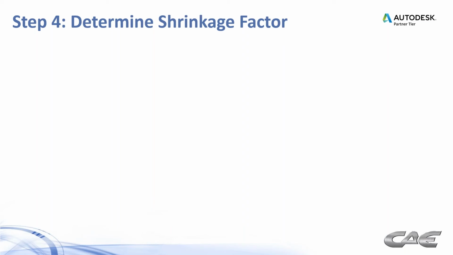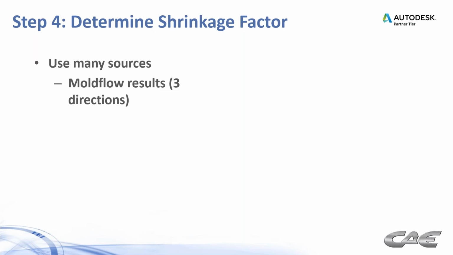The next step is to determine the shrinkage factor. And for this, you want to look at a lot of different sources, right? So Moldflow is going to have some results that can give you a shrinkage factor, kind of a composite shrinkage factor in 3 directions. If your Moldflow material deck includes what we call CRIMS data, that's empirical shrinkage data.